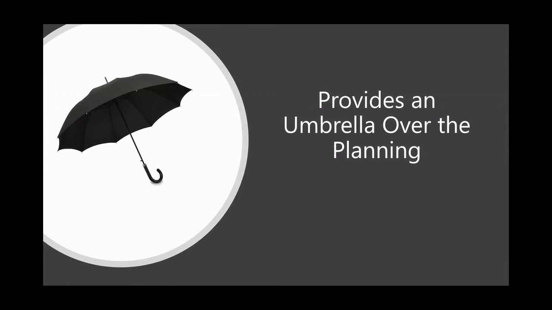In any of my legacy planning cases, we start with the fundamental planning, and the fundamental estate planning provides an umbrella over all of the planning. It helps us ensure that everything that the client does in the planning process, all of their assets are going to pass to the heirs that they designate.